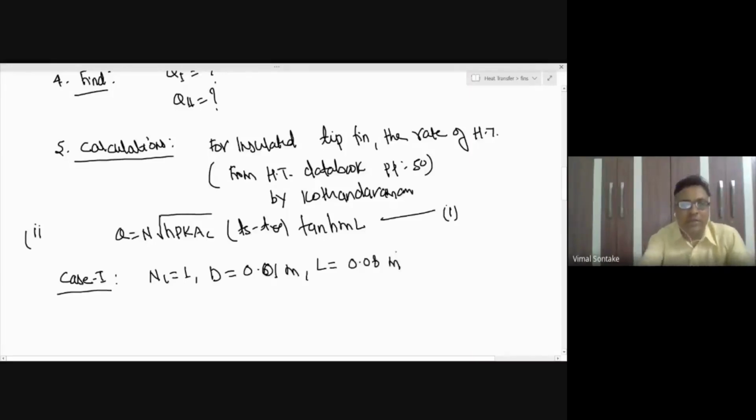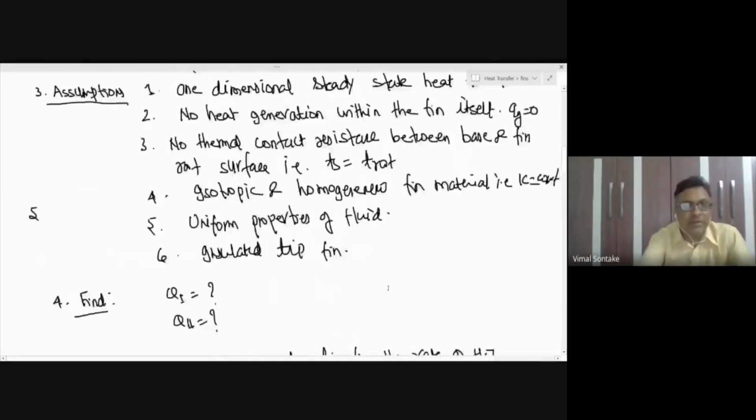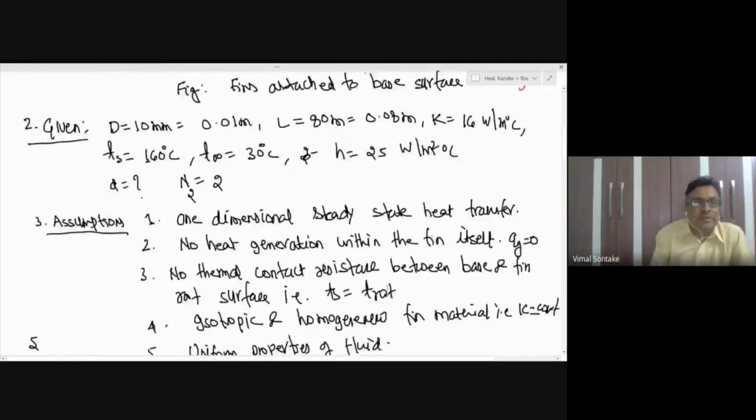This is case 1. Let me check. Yes. N1 is equal to 1, number of fins. Please write. Do not get confused. 0.01 is the diameter, length is 0.08 meter and number of fins 1.